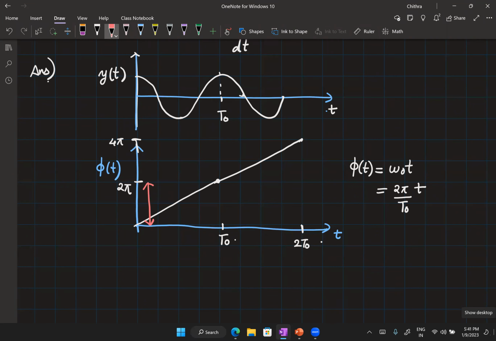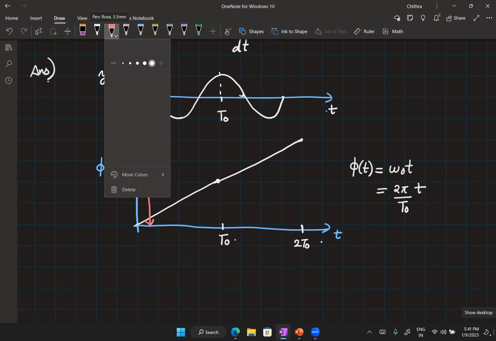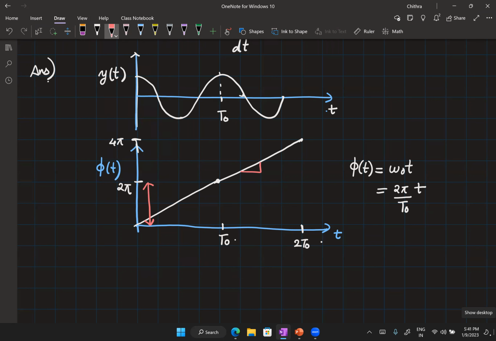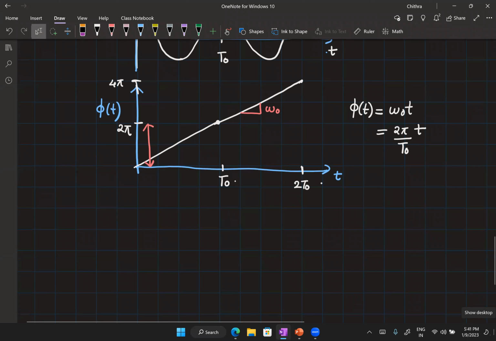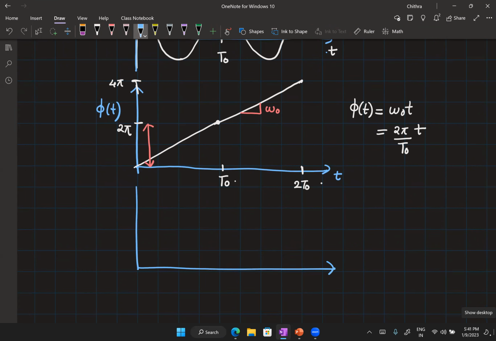Okay. Now, what is the slope of this curve? 2 pi by t naught or omega naught. Okay. So now let's plot d phi by dt. So with respect to time, what do we get?